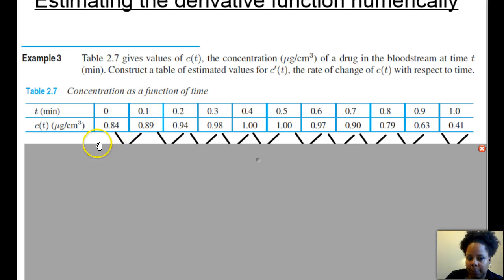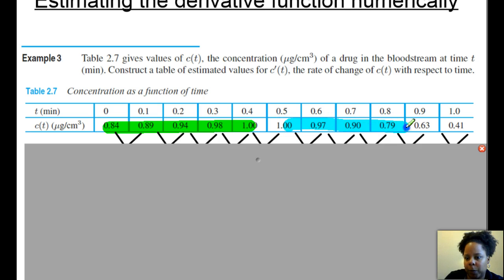So if we take a look over here at our concentration values and look to see how they're changing, we see that the change is increasing here, here, here, here, here, and then it stops, and then it starts decreasing here, here, here.